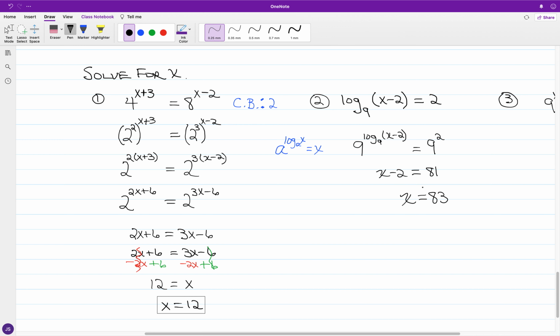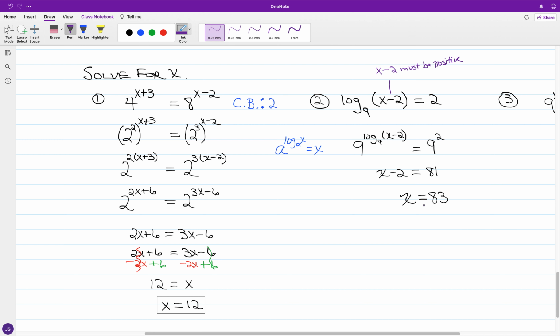Just double checking, again x minus 2 must be positive. So whatever the argument is must be positive. 83 minus 2 is 81. That is positive, so 83 checks out.